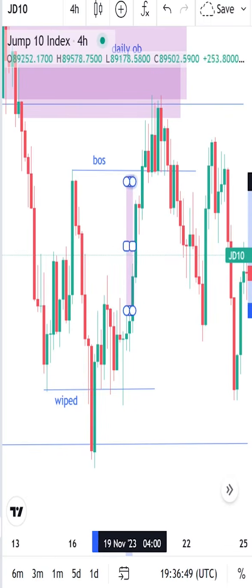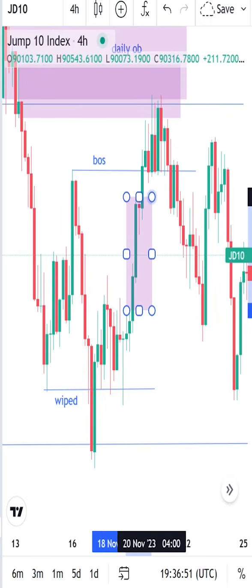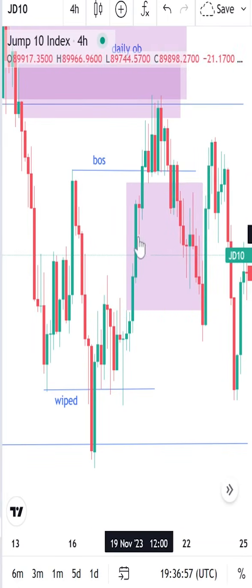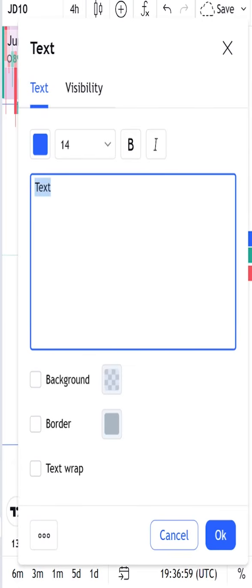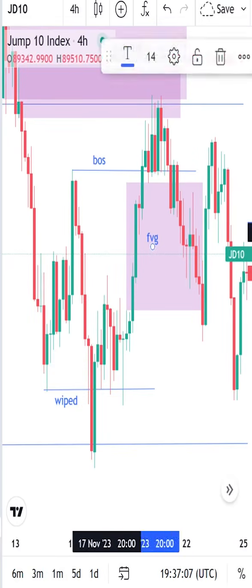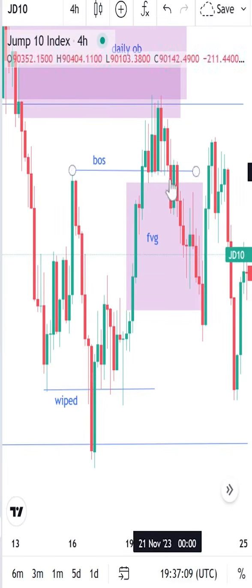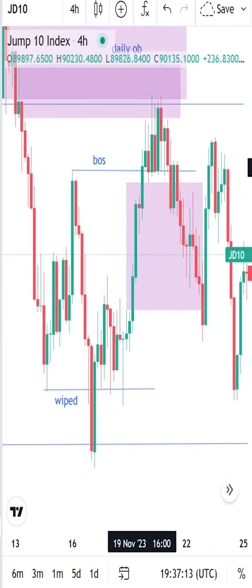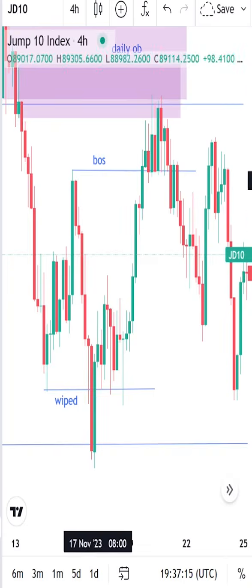That price will hit that daily order block and dip into the fair value gap or the imbalance right here. So we're going to be scaling in as it dips inside. That's the big guess, of course.